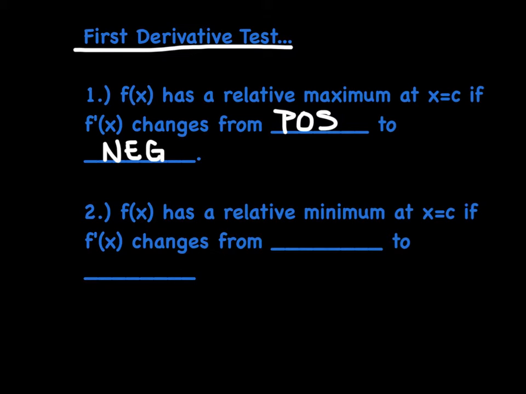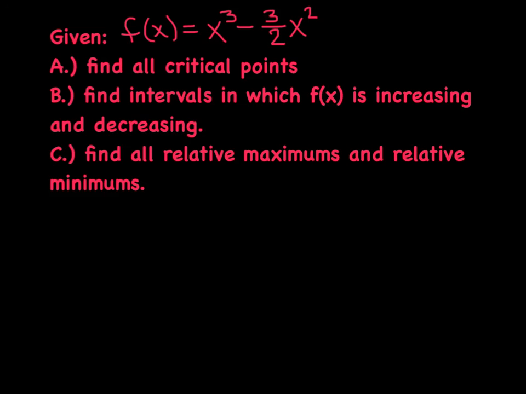What's powerful about that is that if f prime changes from positive to negative, we're really saying f changed from increasing to what? Decreasing. Second point: f has a relative minimum at c if f prime does what? The first derivative has to change from negative to positive. If the first derivative does that, then f changed from decreasing to increasing.